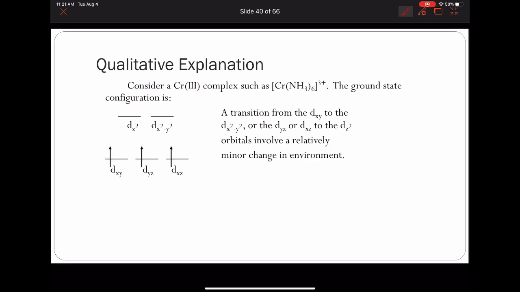In order to accommodate that transition, we could think of shifting our orbital by 45 degrees. This would generate, of course, dx squared minus y squared if we started from dxy. Similarly, dyz and dxz transition to dz squared also involves a relatively minor change.